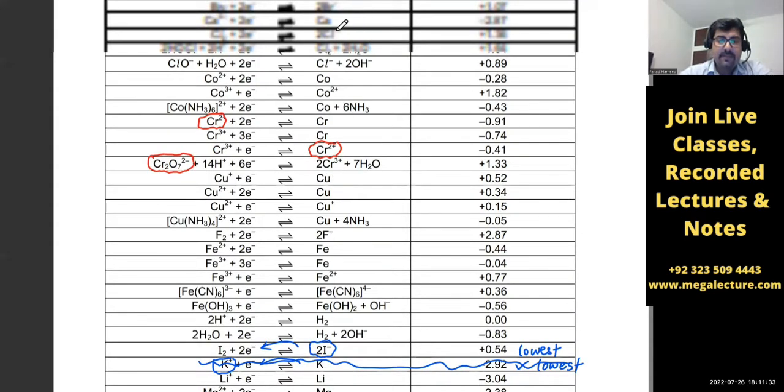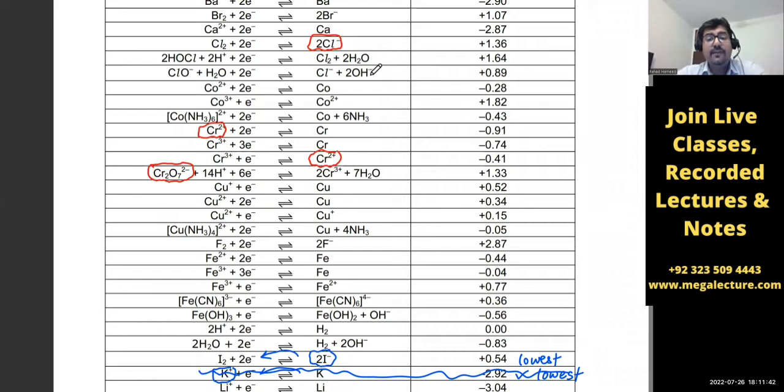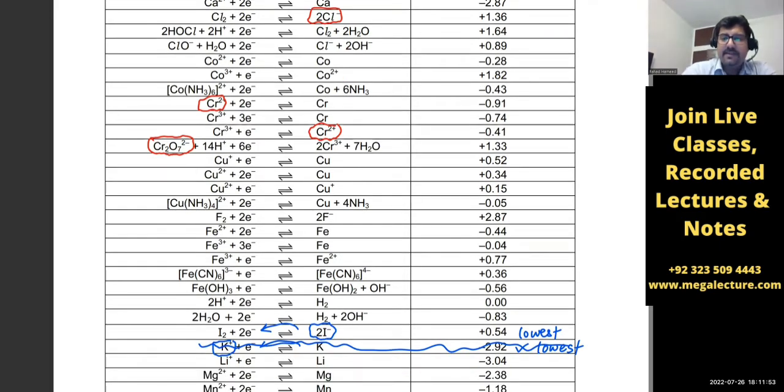Where's Cl-? I'm going to use this electrode. Use the Cl-, this electrode, because here the Cl- needs to have OH- with it. Cl- plus OH-. I don't have OH-, so I'm not going to use this electrode. And what else? I think I had K+ as well.